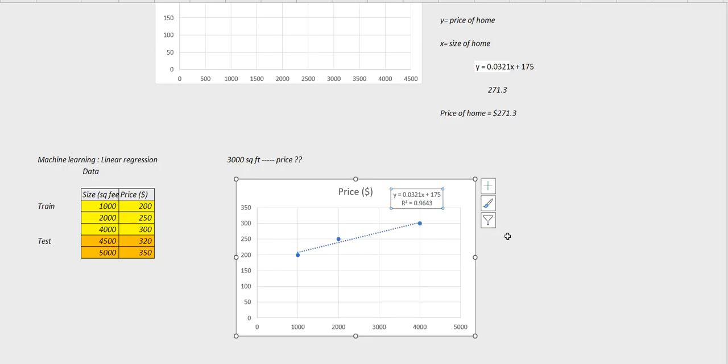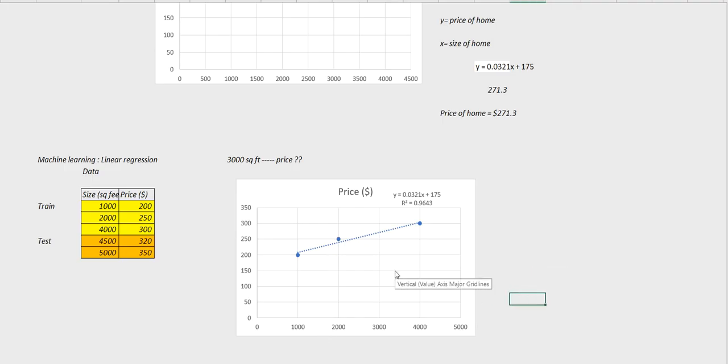I hope it's clear. Obviously when we pass the train data it will give 96% accuracy.